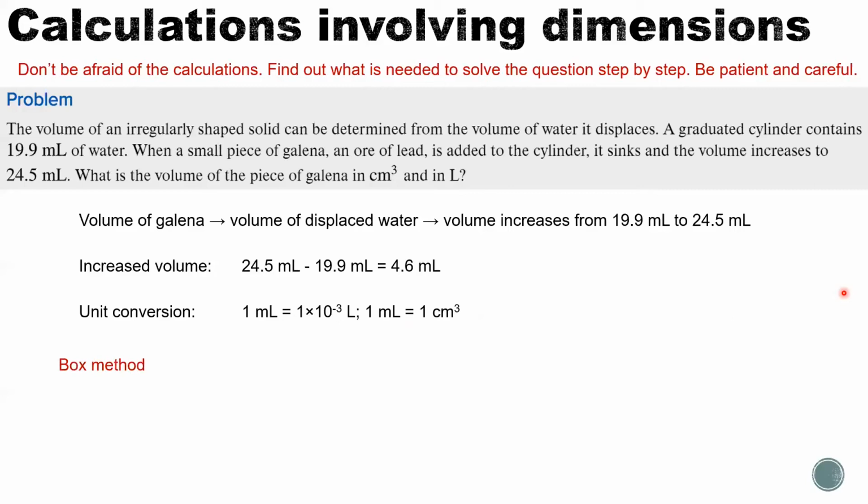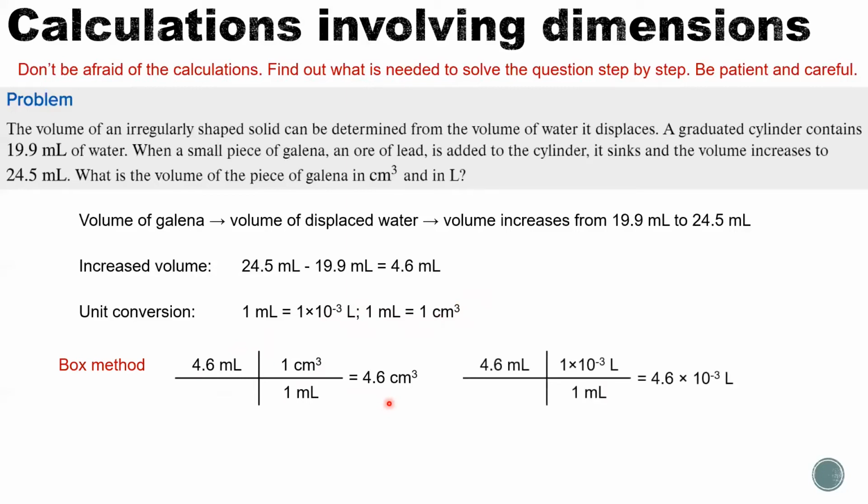We use the box method, put 4.6 milliliters here and 1 milliliter in the bottom. If we want to go for the cubic centimeter first, we use this set of unit conversion factors. So we put 1 cubic centimeter on top, and this is now the answer in the unit of cubic centimeter.